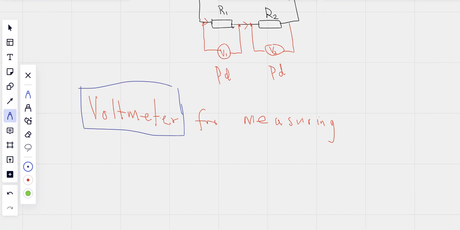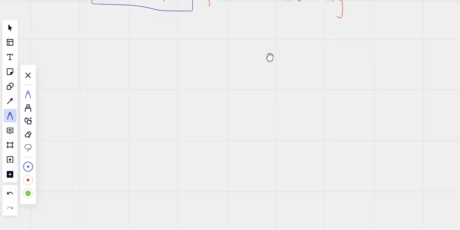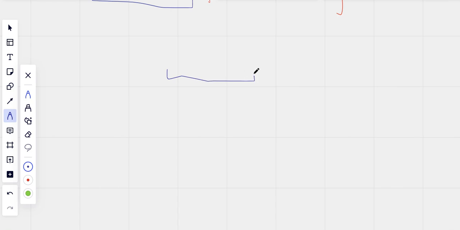For example, we can illustrate this briefly. Parallax error is, for example, if I have this calibration. Let's say here is 0, and here is 5, here is 10, here is 15, here is 20, here is 25, and so on.